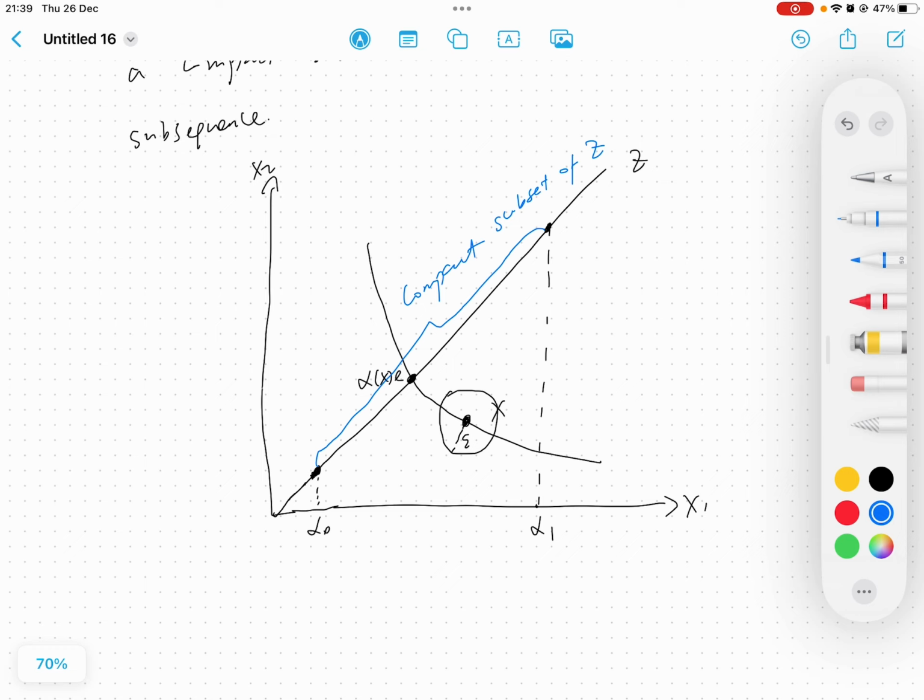Okay, so next we're going to show this in detail.